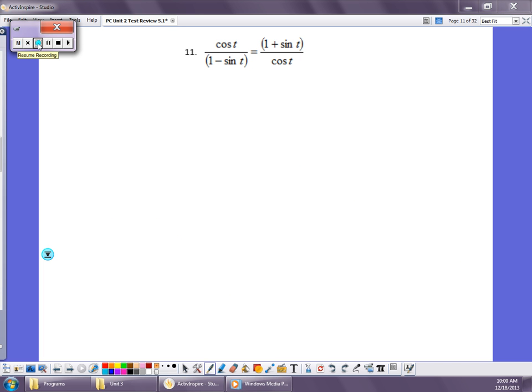So, for 11, remember the steps, guys. First, see if there's any algebra to do. There's no algebra to do. See if there's any identities. There's no identities. Change to sine and cosine. This is already sine and cosine. So you should recognize that this is a certain type of problem where we always multiply by the conjugate. So it's 1 plus sine t, 1 plus sine t, and this is going to work out really nice. So you get 1 plus sine t over cosine t.